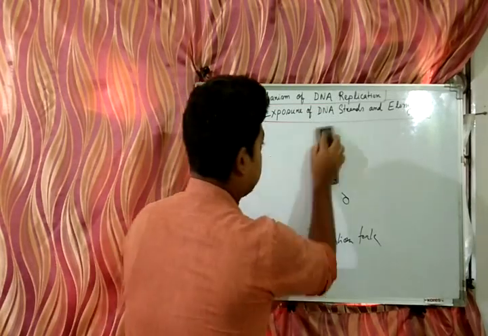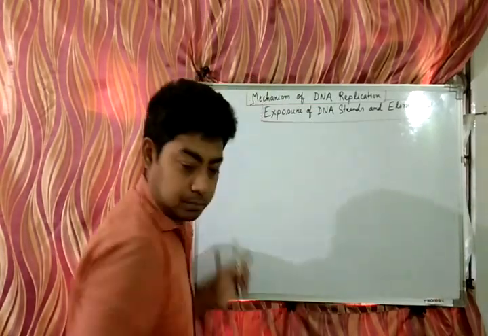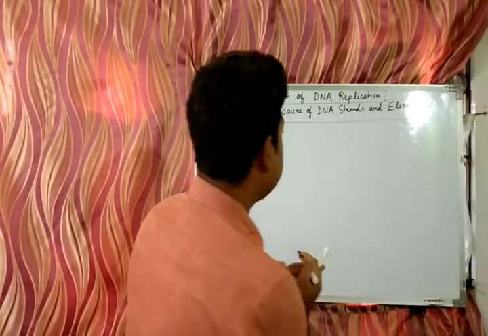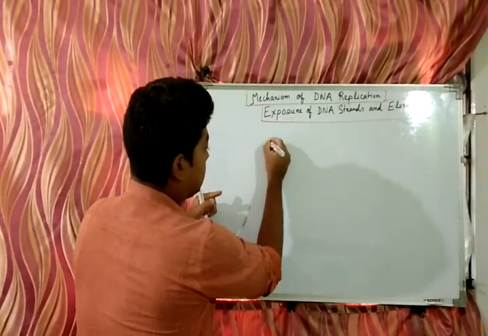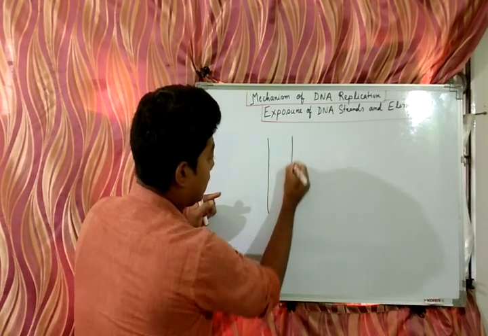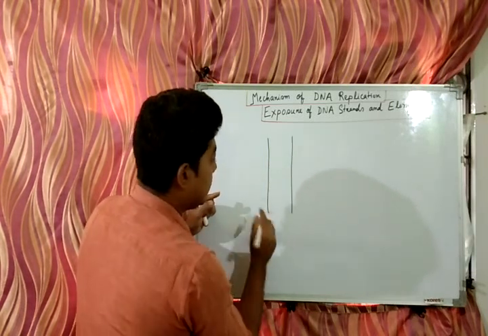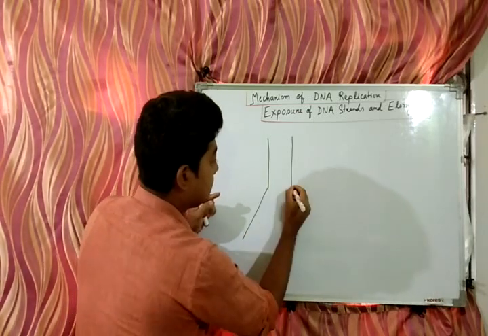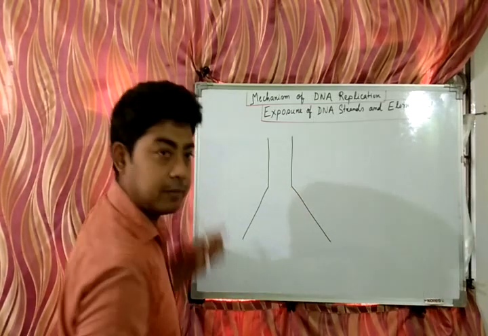So in the elongation phase, suppose this double-stranded DNA is already open.